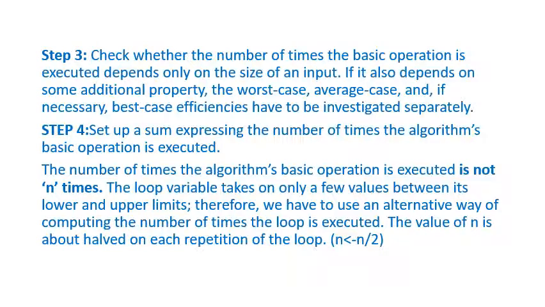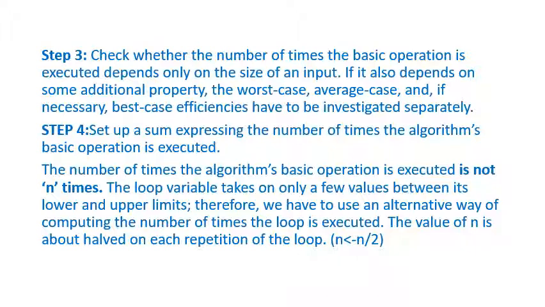Now, coming to step 3, we should check whether the number of times the basic operation is executed depends only on the size of the input, or also on some additional property. We should investigate the worst case, the average case, and the best case efficiencies. Coming to step 4, we have to check how many times the algorithm's basic operation is executed.